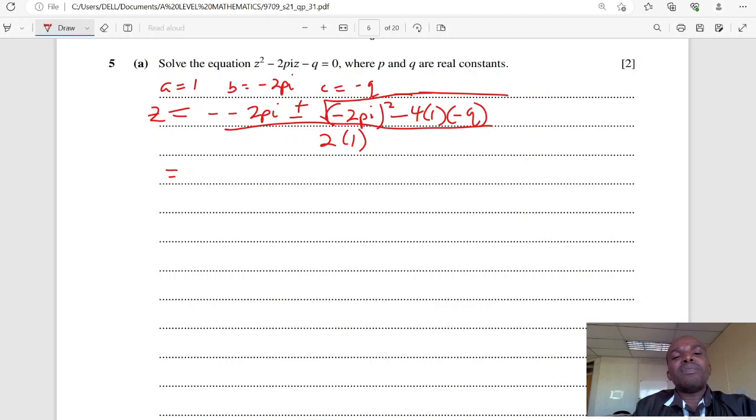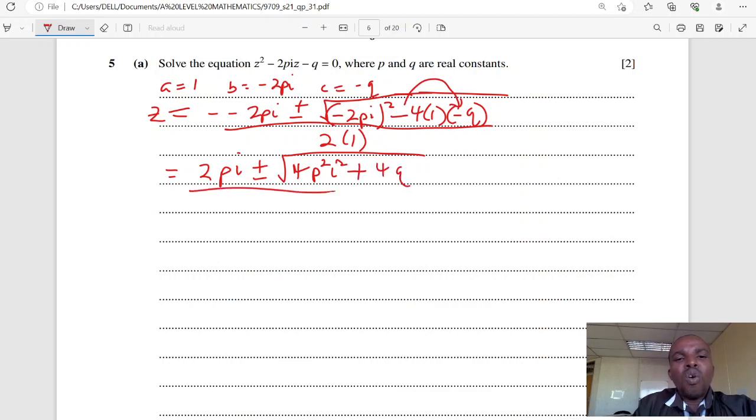So minus 2pi is positive, so it will be 2pi plus or minus root of minus 2pi squared. You say 2 squared is 4, p squared is p squared, i squared is i squared, then minus and minus will make a plus here, then 4q, all over 2 times 1 is 2.